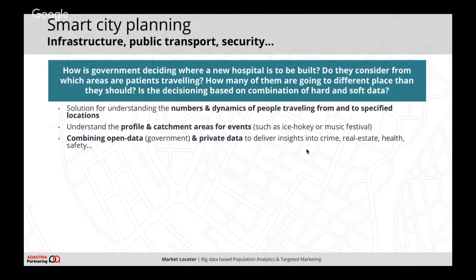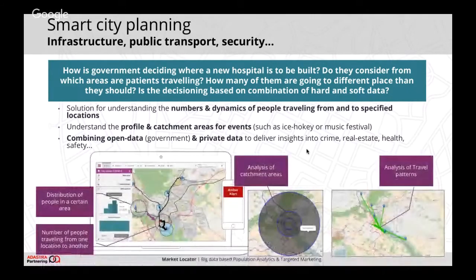So we want to understand the profile and catchment areas for events and combine various sources of data, be it open governmental health data with private data to deliver insights about crime, real estate, health, and safety. To understand from where 25% of people who work in this area come, from how far 75% of people come, and to use this data to build a higher quality life.